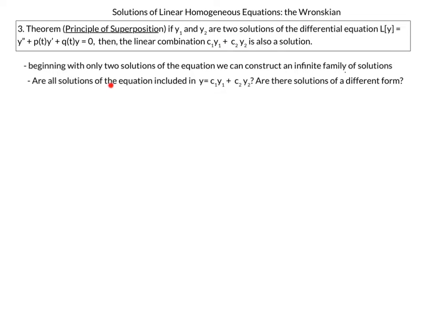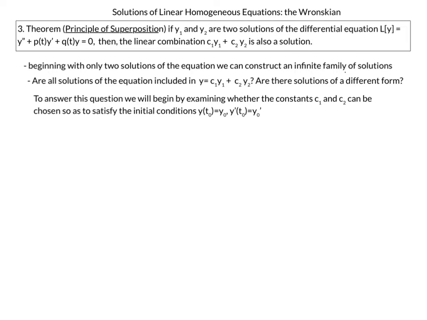Are all the solutions of the equation included in y equals c1 y1 plus c2 y2? In other words, are there solutions that have a different form? To answer this question, we will begin by examining whether the constants c1 and c2 can be chosen so as to satisfy the initial conditions y of t naught equals y naught, and y prime of t naught equals y naught prime.